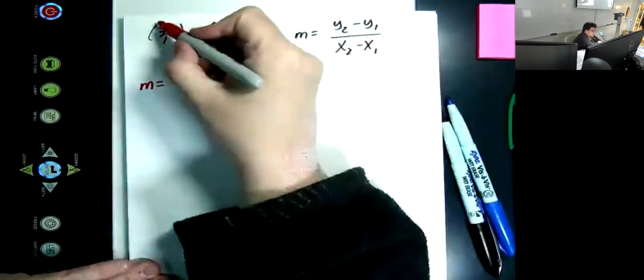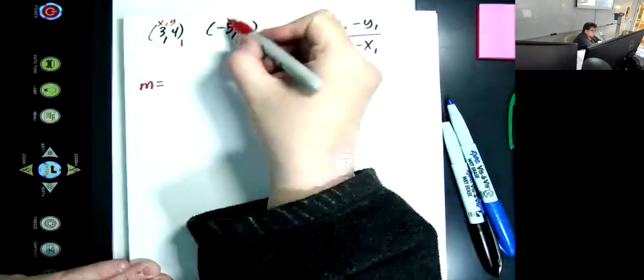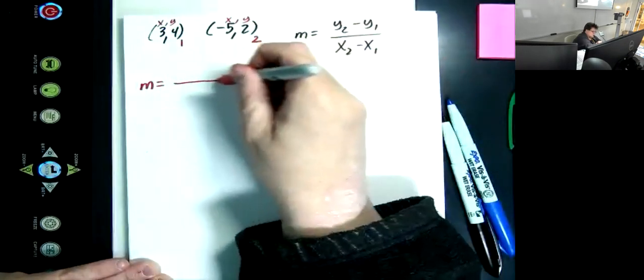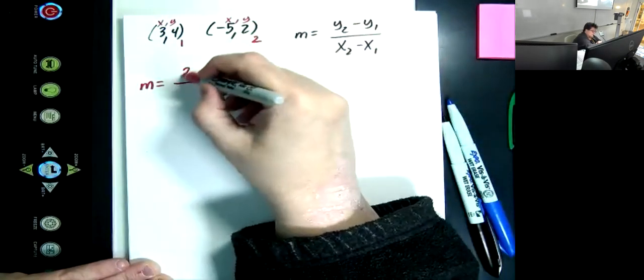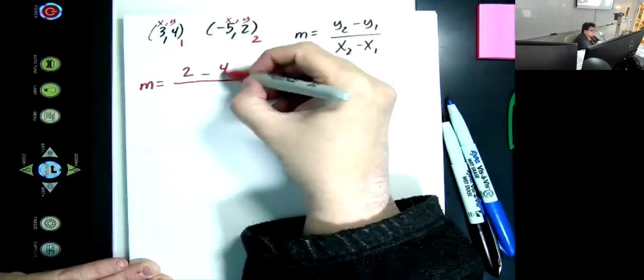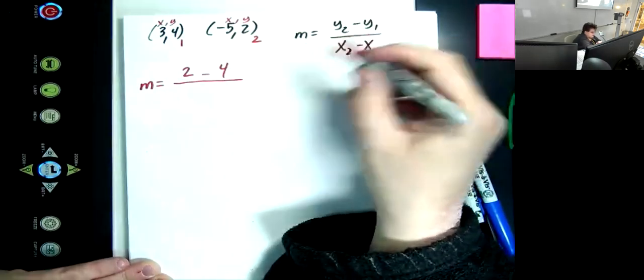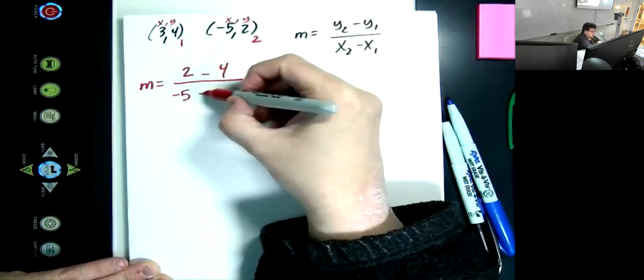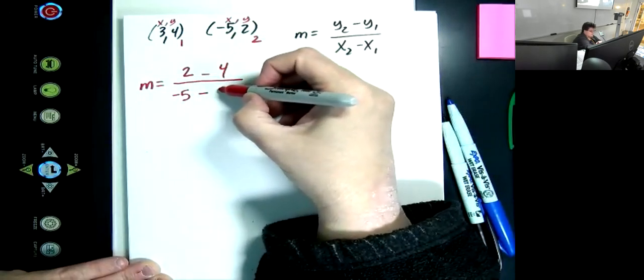Remember, these are x and y. So my y2 is 2, and my y1 is 4. My x2 is -5, and my x1 is 3.